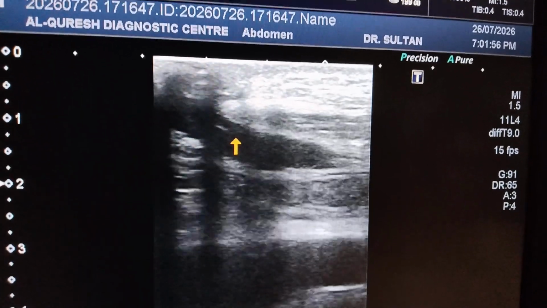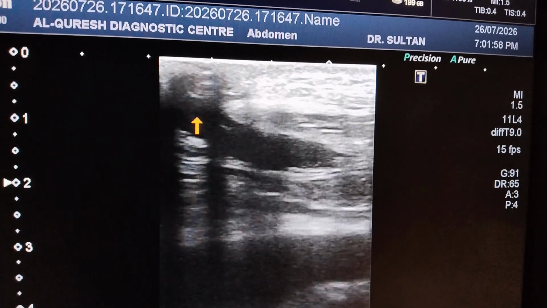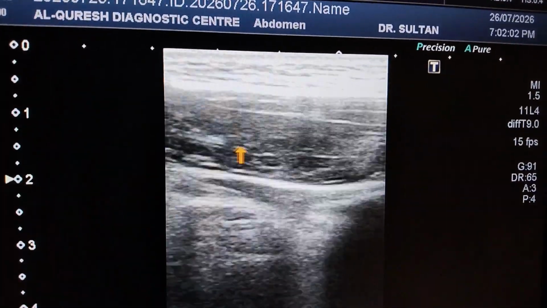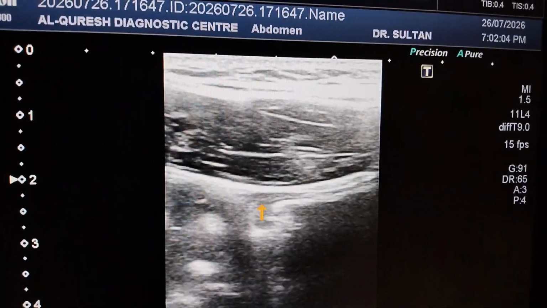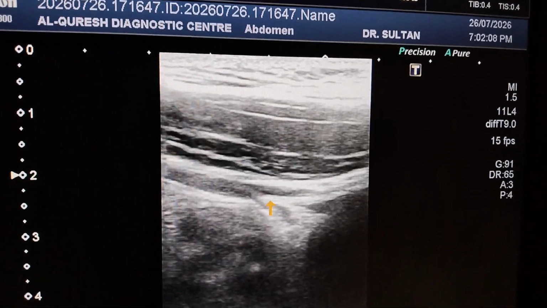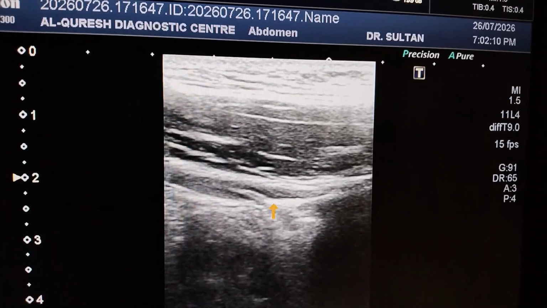So this sinus is open from the umbilical side, and it is closed from the bladder side. Thank you very much.